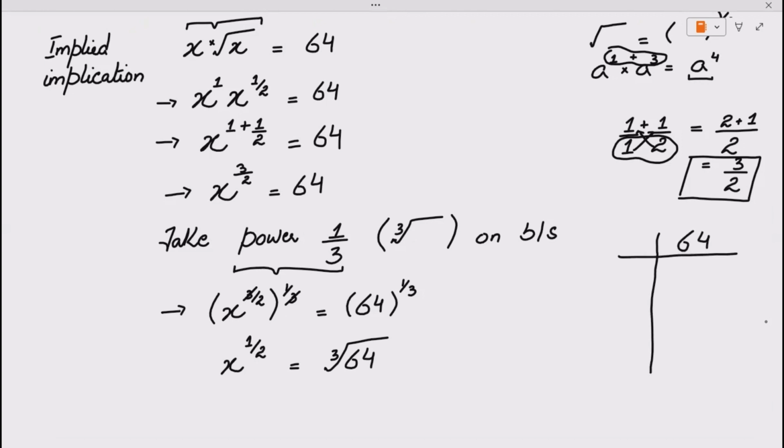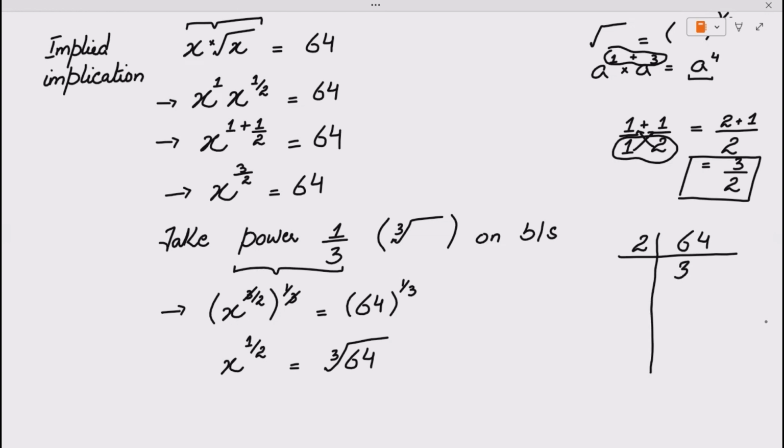So we have 64. First we have to do prime factorization, i.e. we have to use the numbers here which are prime. So it is really easy. So 2, we apply the table of 2, that we got 6.